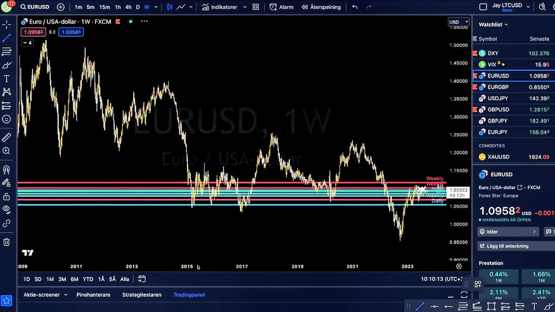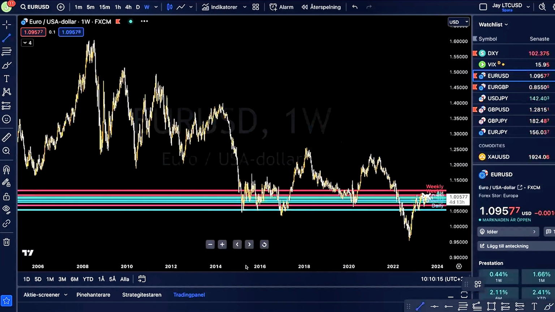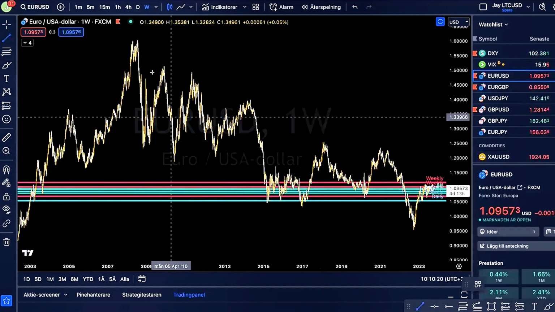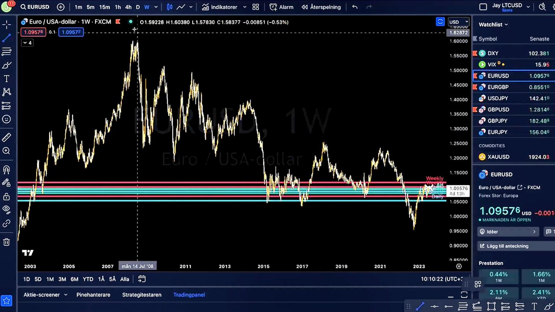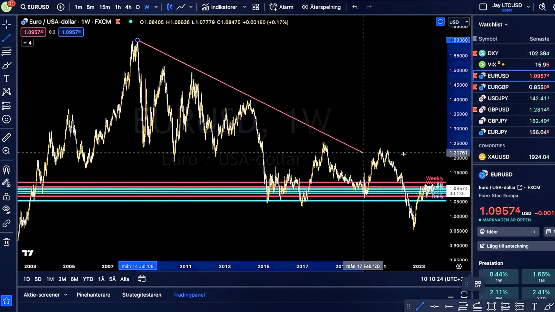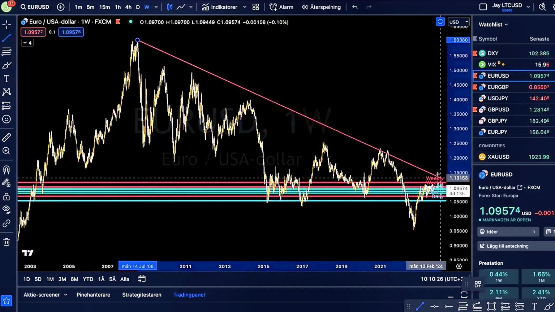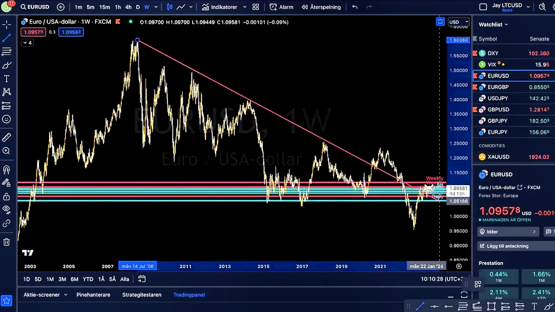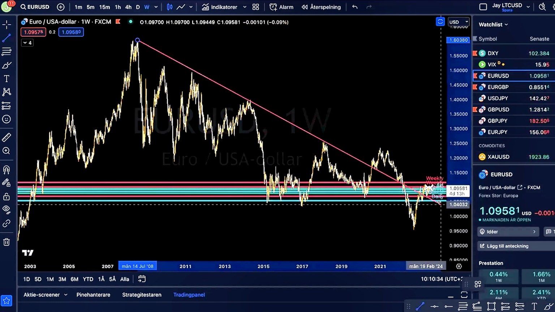Oh my, I almost have to go on a monthly time frame to see this downtrend. So we're on a downtrend that we've been on ever since 2008-ish. And on that downtrend, we are what? On the buy side. Very important.